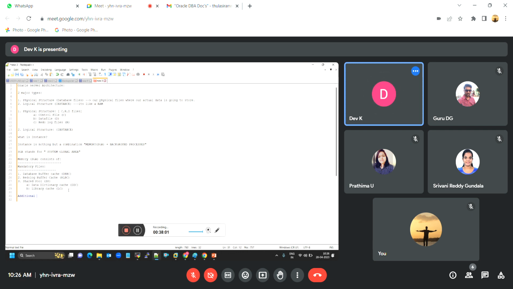Additional memory components like the fourth one, large pool, the fifth one, streams pool, the sixth one, Java pool, and so on.